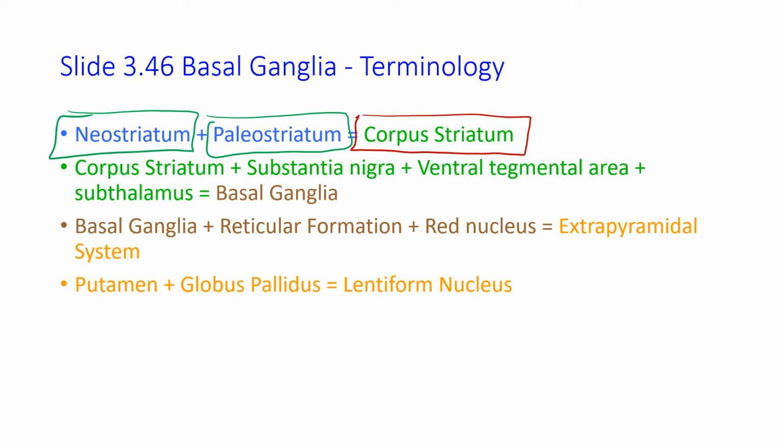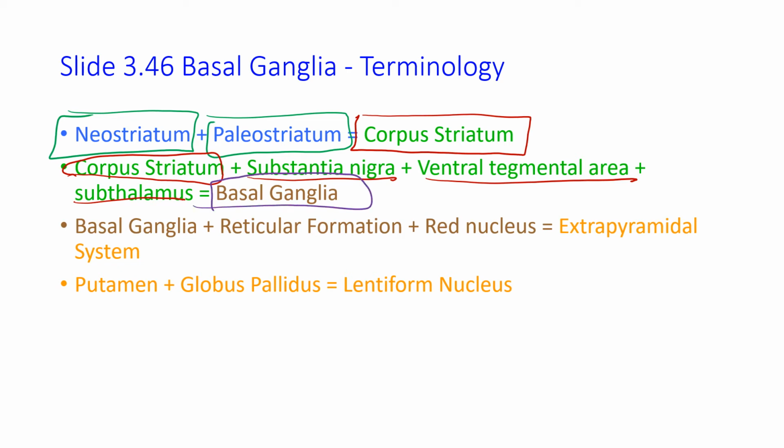But we aren't quite done yet. In that, we can take the corpus striatum with all of its structures. If we add the substantia nigra, the ventral tegmental area, and the subthalamus, we have finally defined the basal ganglia.